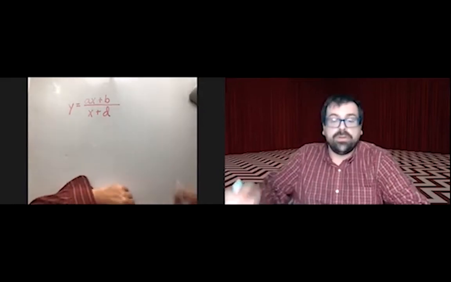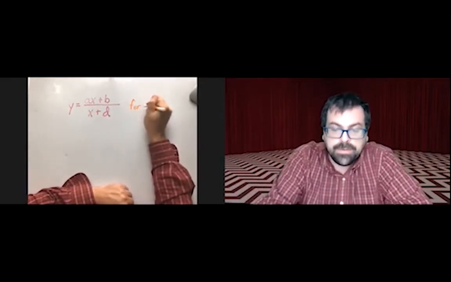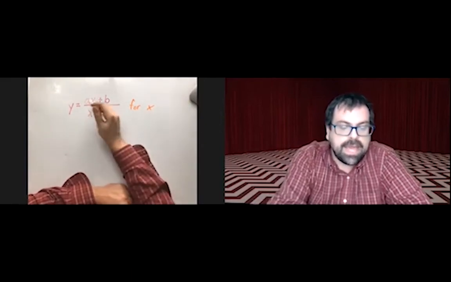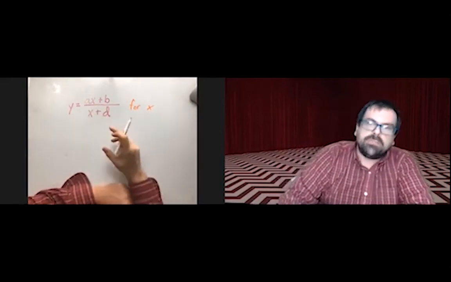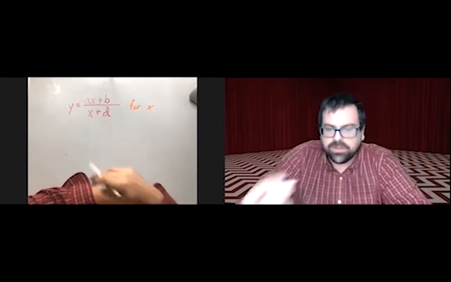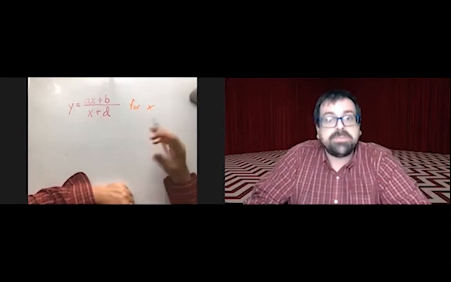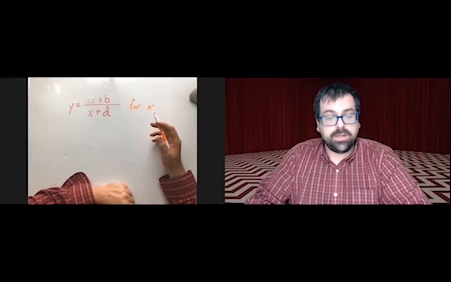Let's solve for x. We want to get the x by itself, but there's two of them right now. Let's follow the same steps we did in the last one.